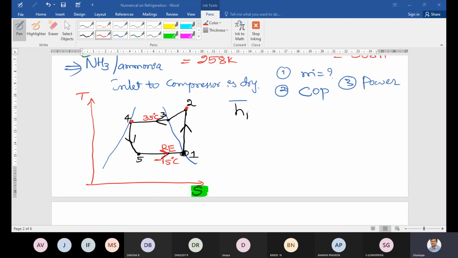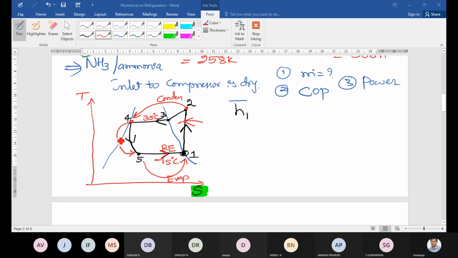Okay, dear students, 1 to 2 is the compressor, where work is done on the system. 2 to 3 is the condenser. 5 to 1 is the evaporator. What is 4 to 5? Throttling, expansion.